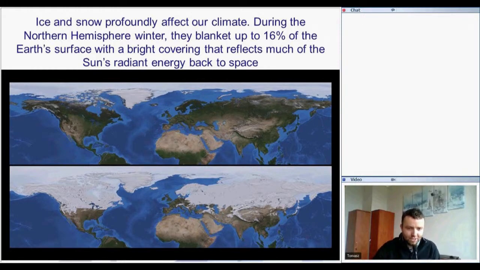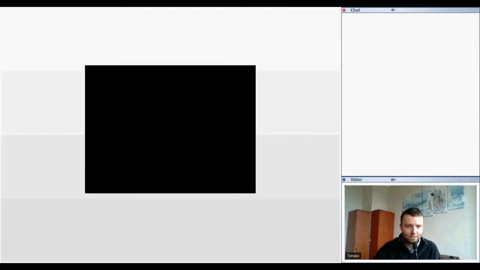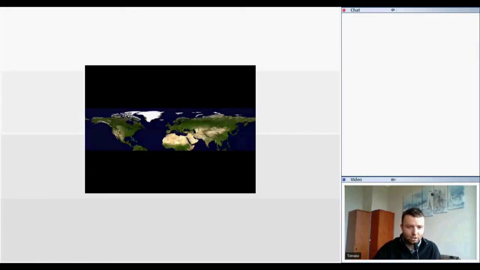And there are changes of the snow cover during different seasons, and I just downloaded some file from NASA showing how it changes. So here you can see the northern hemisphere during 1 year, starting in one summer. So it starts here.